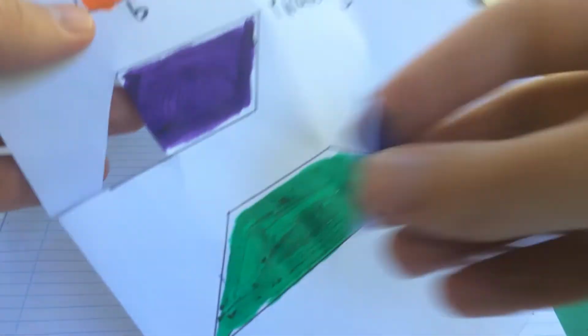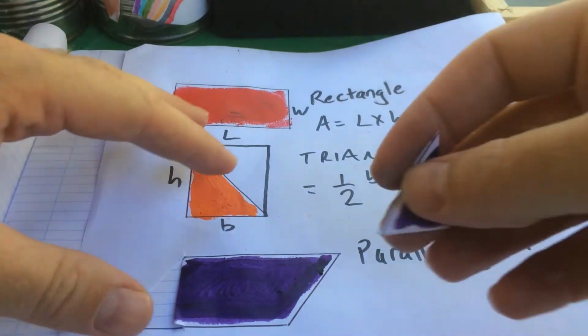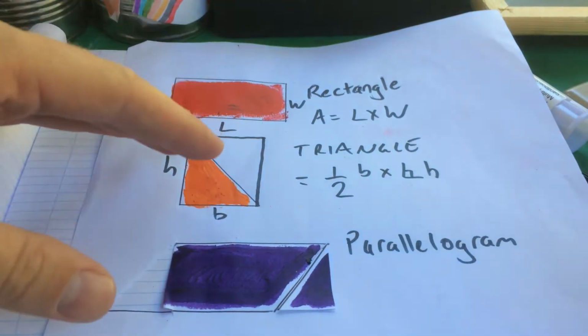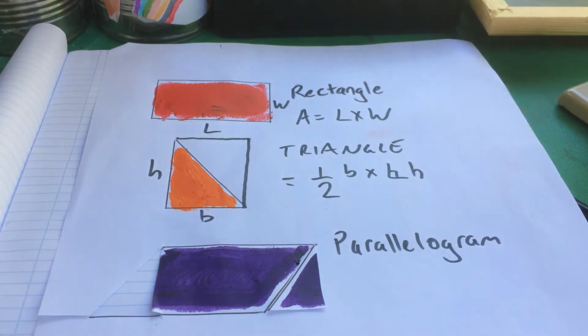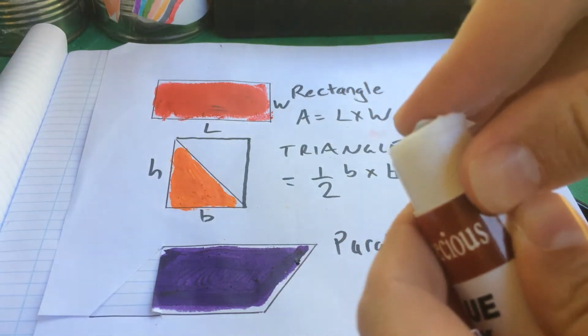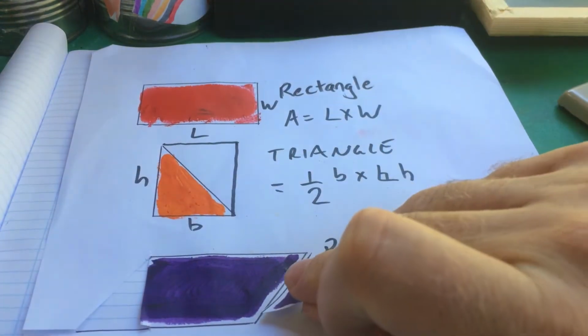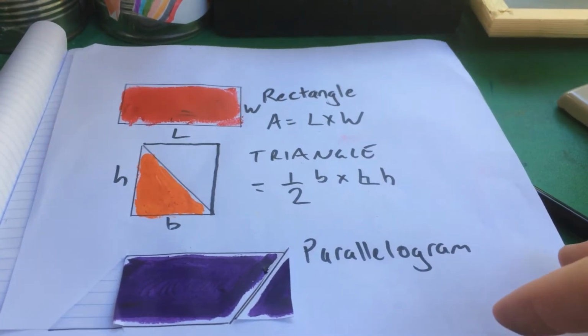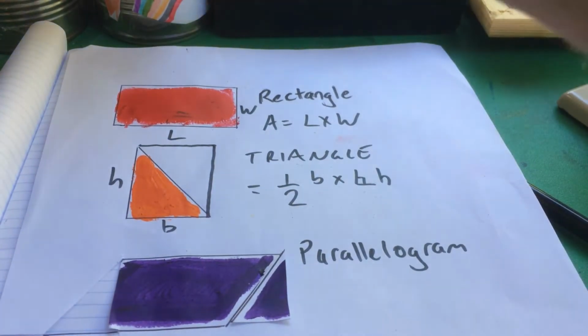I'm going to take that, and I'm going to go and glue that over there. And you should be able to see that the shape I've now made, again, is a rectangle. So I'm taking some glue, and I'm gluing on that little bit that I've cut off. And I've made, in effect, a rectangle.